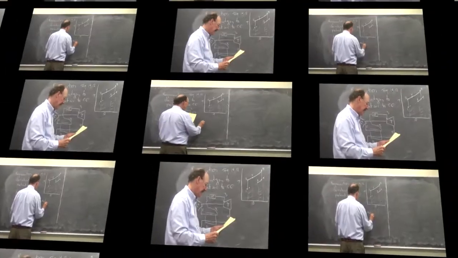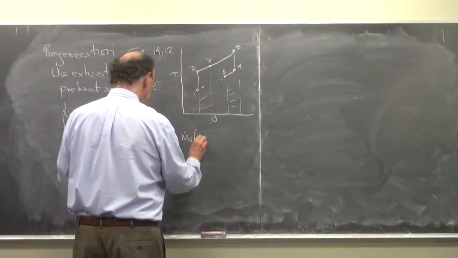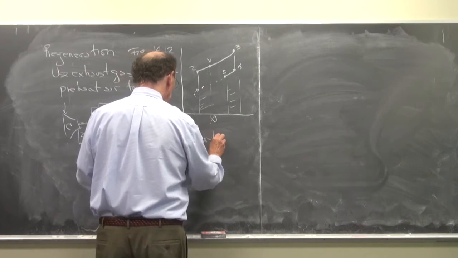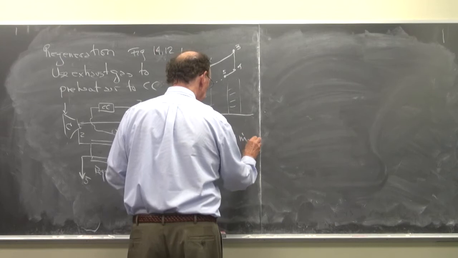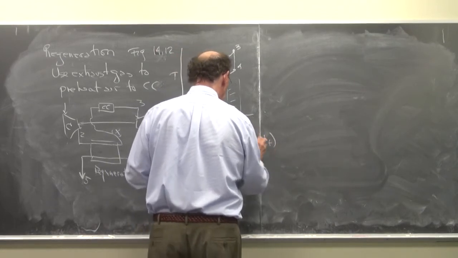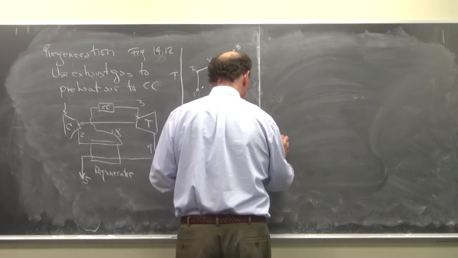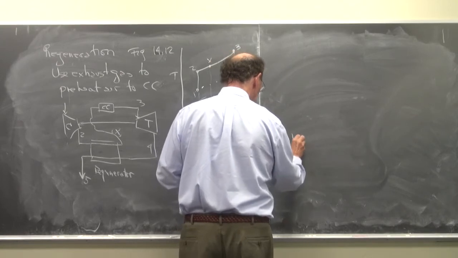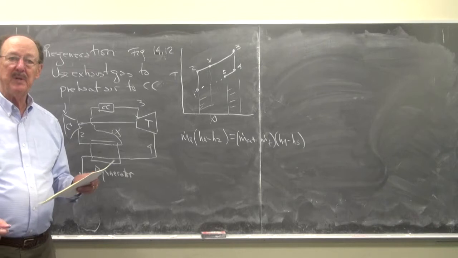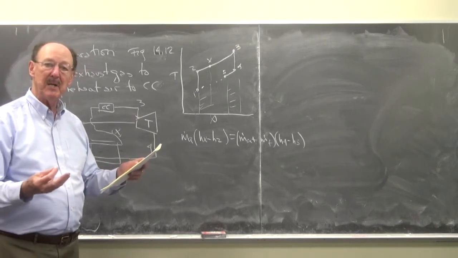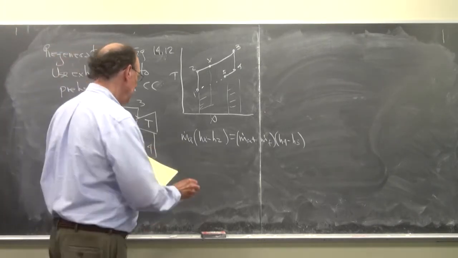And so we have m dot A times Hx minus H2 is equal to m dot A plus m dot F times H4 minus H5. And what we talk about with a regenerator is the regenerator effectiveness.